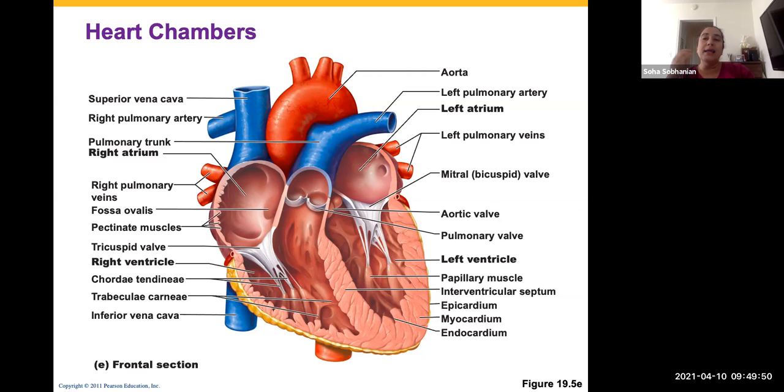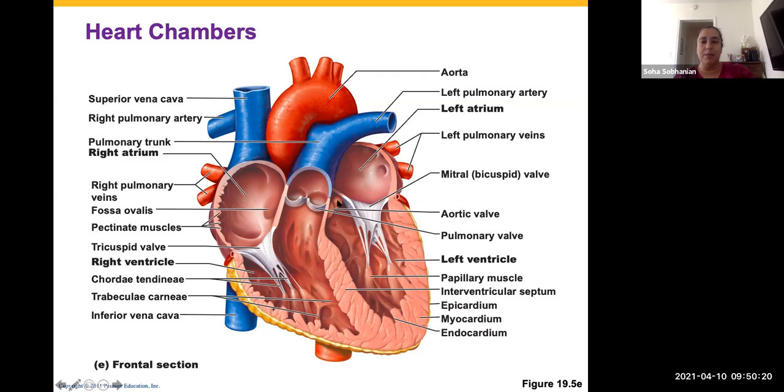Now, I can use the names right semilunar valve and left semilunar valve to name these valves, or I can call them based on the blood vessels they are associated with. This one right here is associated with my pulmonary trunk, so I can call this the pulmonary valve.